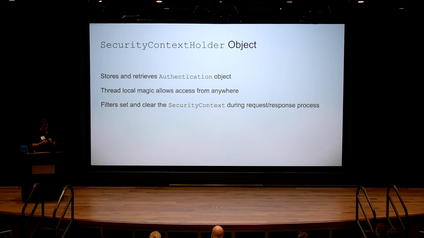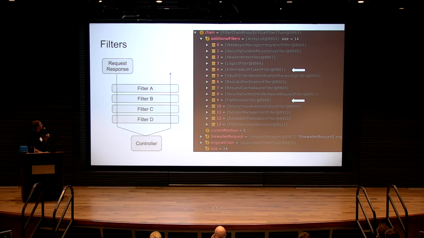It uses some thread local magic to make sure that, within a single instance of Gate, no two authentication objects are being crossed. And it does this with a complex set of security filters. That's what we're going to look at here.